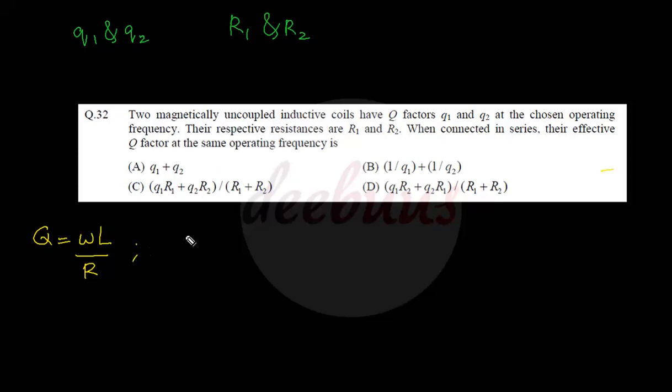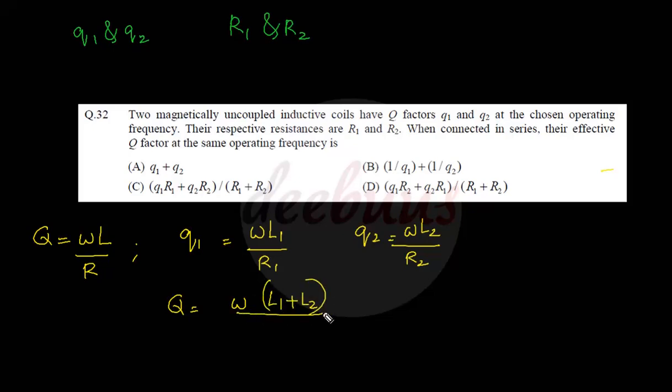So for the first case, I am marking it as Q1. Q1 equal to omega L1 by R1. Similarly for the second case Q2 equal to omega L2 by R2. Now the combined resistance is given. Now the total Q equal to omega into L1 plus L2 divided by R1 plus R2, right? The operating frequency remains the same.